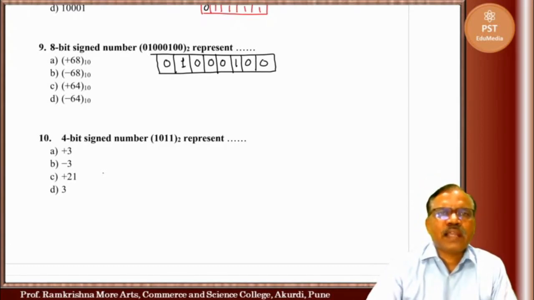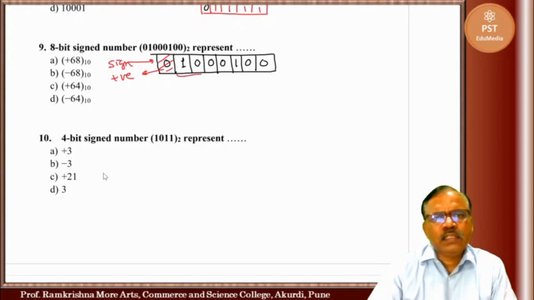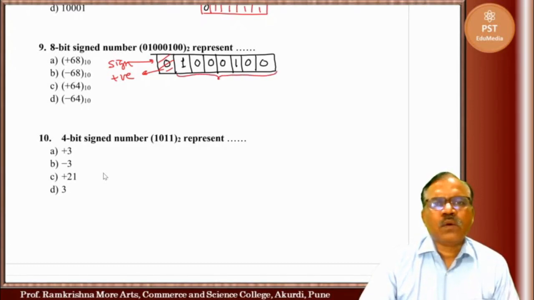Now out of that 8 bits, this bit is reserved for sign, and there is 0, so it is positive, and only these 7 bits store the number. Now we will start from this.